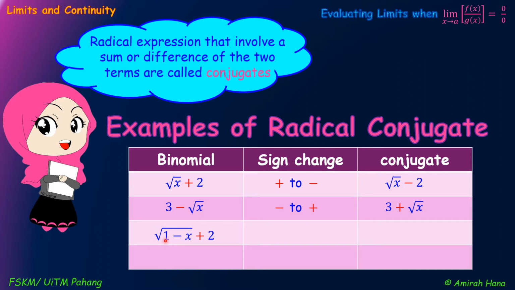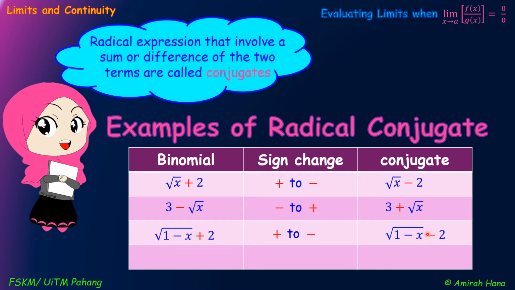And then, look at the other one. Let's say we have radical 1 minus x, plus 2. If we change the plus sign outside the radical sign to minus, we get radical of 1 minus x, minus 2. We just change the plus sign outside the radical sign.